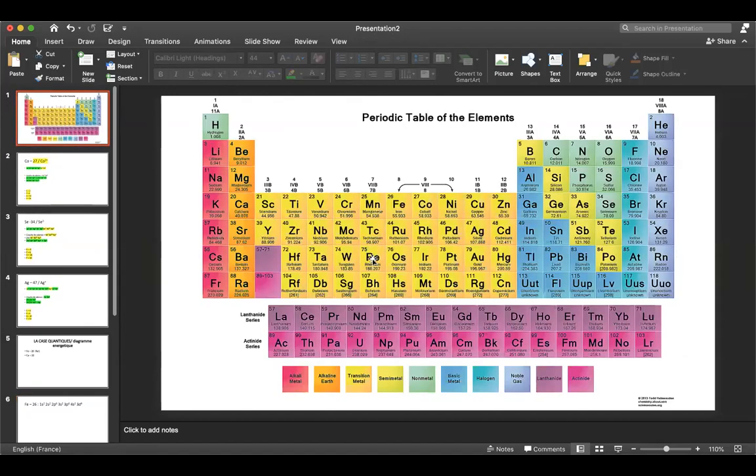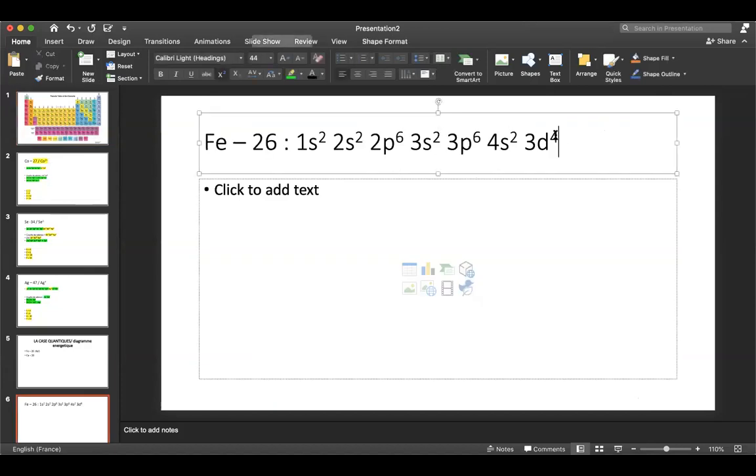So you can even count 1, 2, no, it's not 4. 1, 2, 3, 4, 5, 6. 6. Okay. Is it adding up? Because this here is calcium, 20, and we need how many more? 6. So now it adds up.